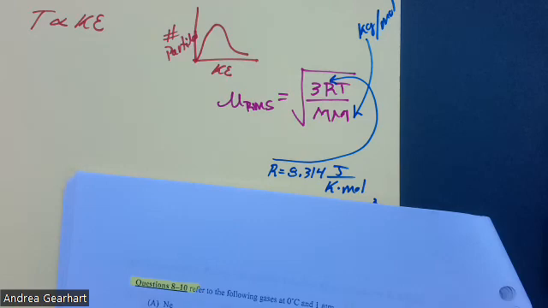If that's what you found as the amount of moles, okay, then 4 grams divided by that, and that's 0.1.